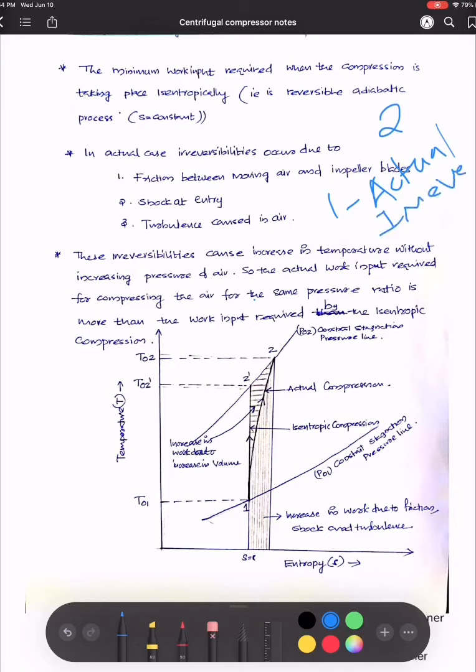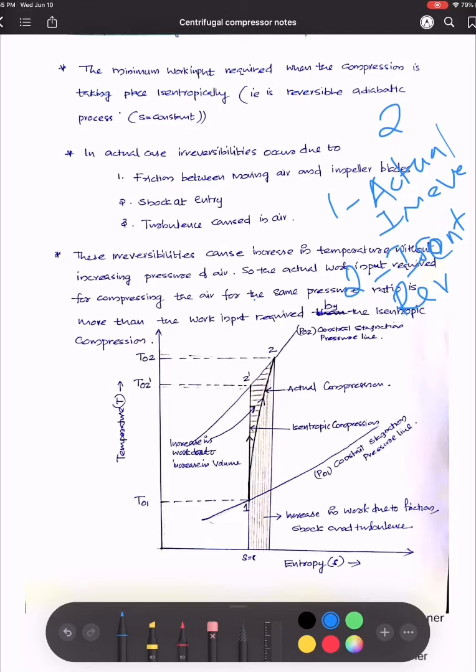Whereas in the second case, what we do is we'll consider the compression process to be isentropic. That means the process will be reversible. Now, isentropic efficiency is the work input during isentropic process divided by the actual work input. This ratio will give you the isentropic efficiency.